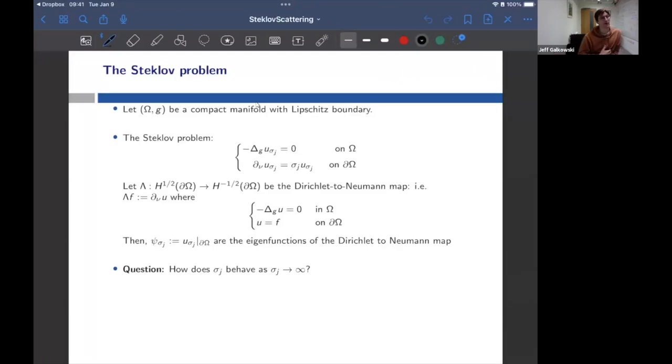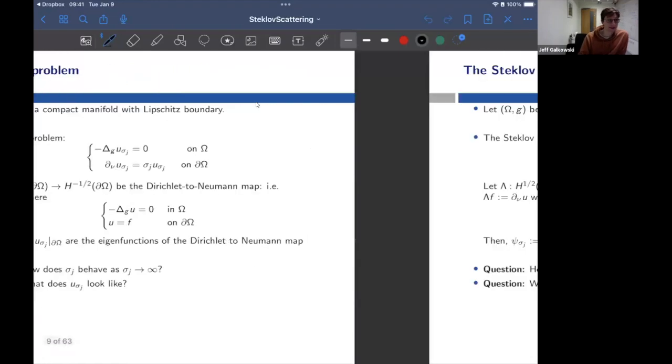I want to know how the eigenvalues behave as the energy or the eigenvalue tends to infinity, and you can also ask similar questions about what the eigenfunction itself looks like.